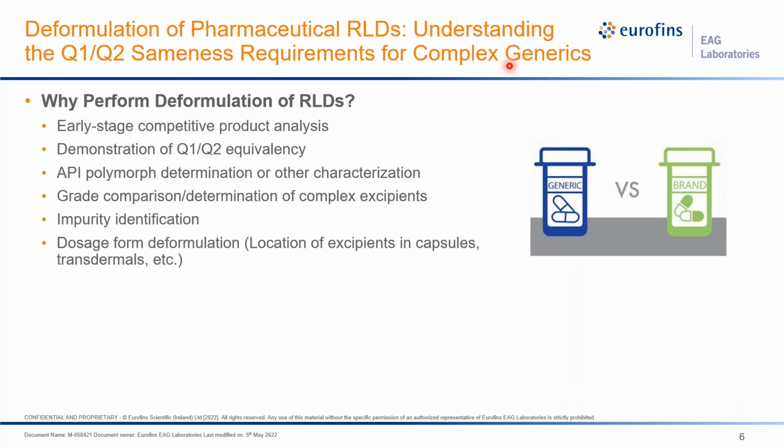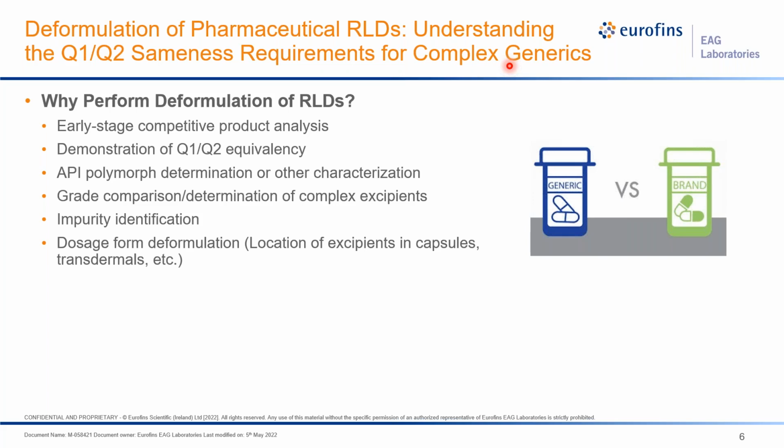So let's get into the subject we all want to talk about, which is this deformulation process. So why are we actually doing this? Right now, the main goal is these early stage competitive product analyses. A name brand product in today's age costs quite a bit more than a generic product. So the generic companies will approach us and say, hey, we want to deformulate this material.